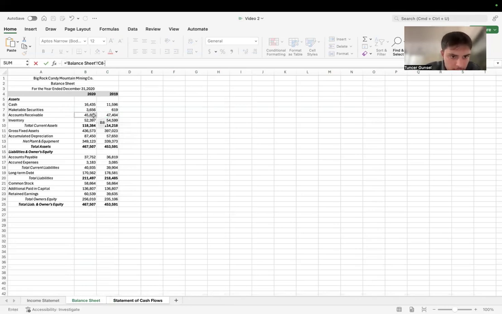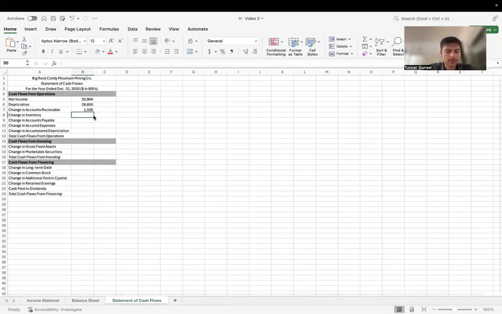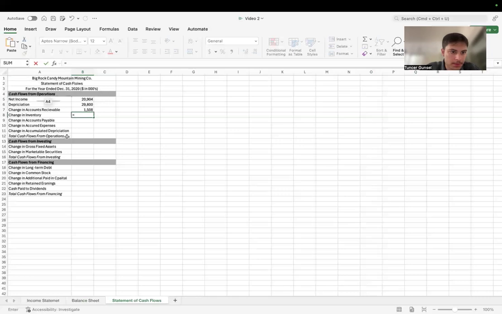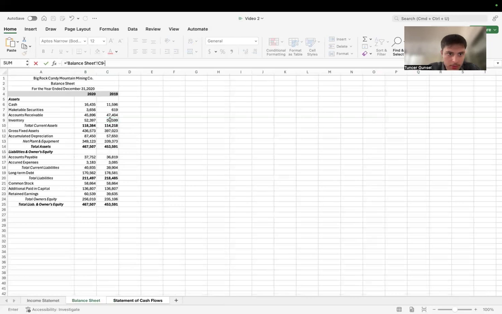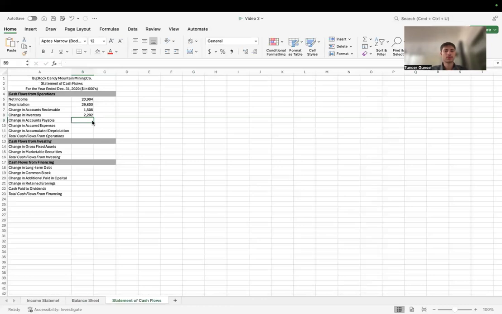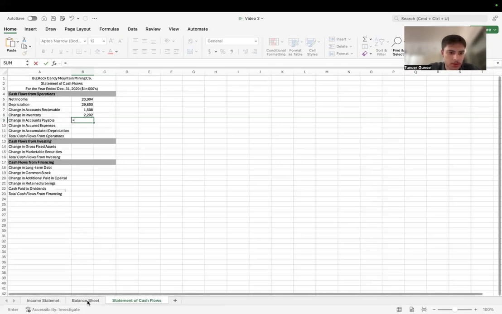Minus change in inventory. Go into the balance sheet. Accounts payable again. These are all changes, so we basically subtract the years.